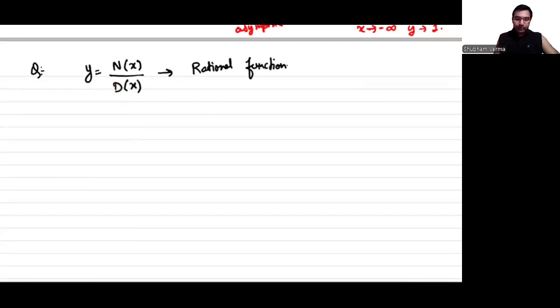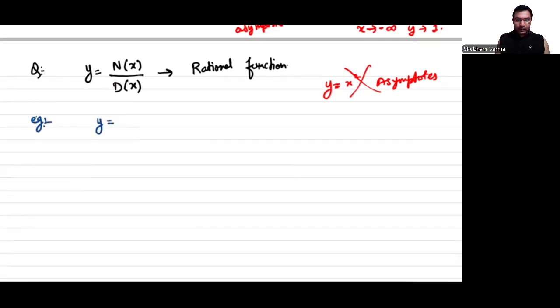So it's a rational function. Now, we don't define asymptotes for polynomial functions like y equal to x square, which is a parabola. Are you getting it? When we have a rational function, then only we define it.